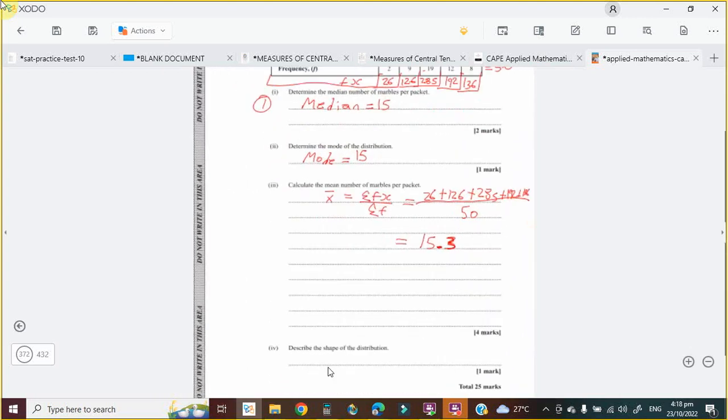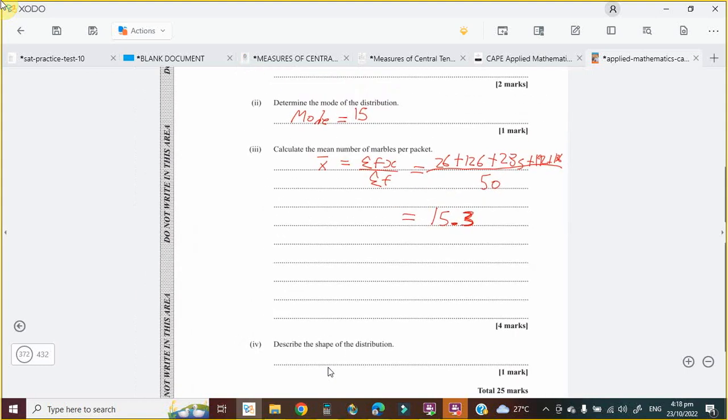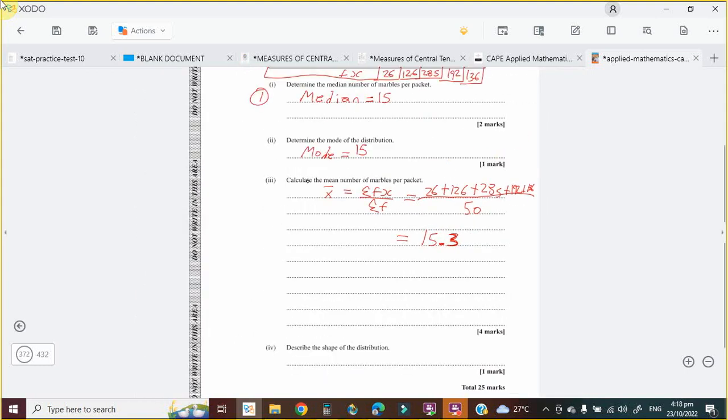Now it says describe the shape of the distribution. What's the shape of this distribution? Notice the mean is 15.3, sorry, the mode is 15 and the median is also 15. How are you going to describe this shape?